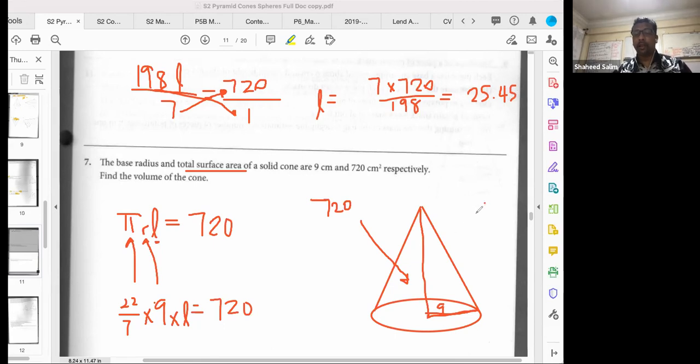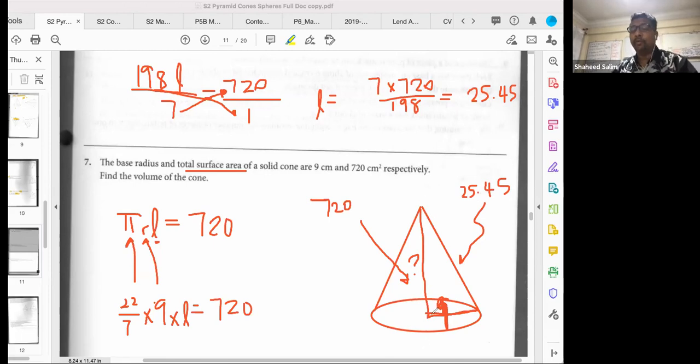So this slanted height is 25.45. You've got this one, 9. They give it to you. You must find the height. So use Pythagoras. Okay, I just explained the steps. Pythagoras to find the height: 25.45 squared minus 9 squared equals this. Find the square root of it, and you find the height.